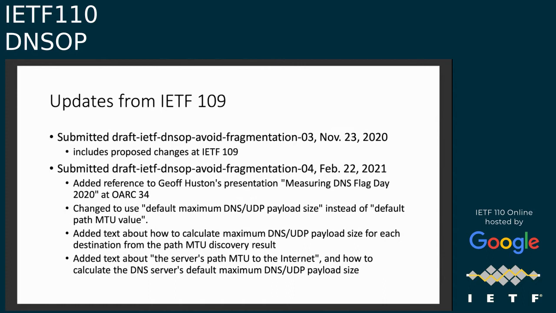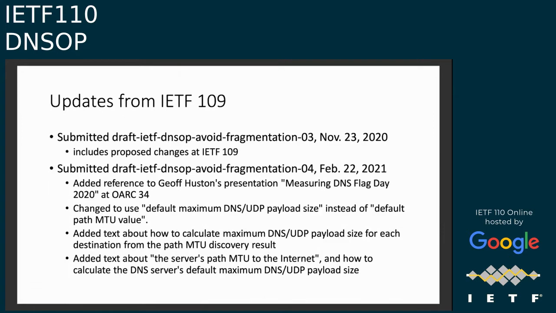These are updates from the last IETF meeting. We submitted 03 on November 23 last year. 03 includes proposed changes from the last IETF meeting, and we submitted 04 on February 22 this year. Therefore, we added a reference to Geoff Huston's presentation measuring DNS flag day 2020 at OARC 34, and we changed it to use default maximum DNS UDP payload size instead of default PathMTU value.